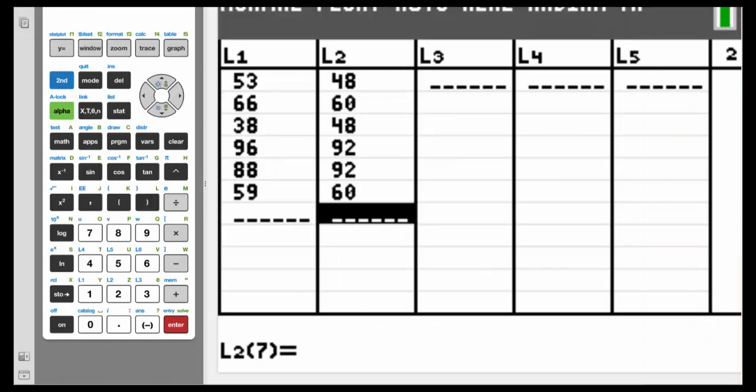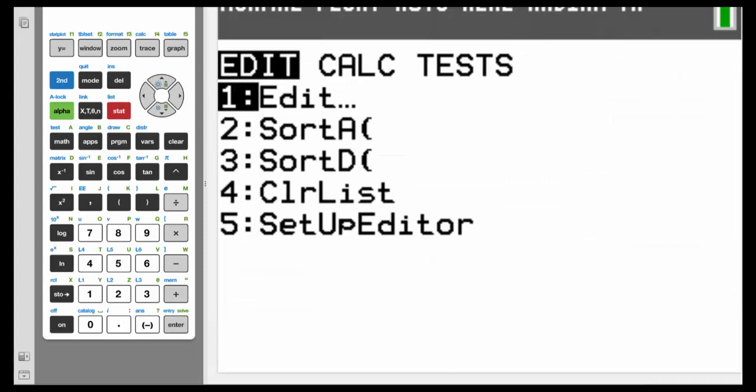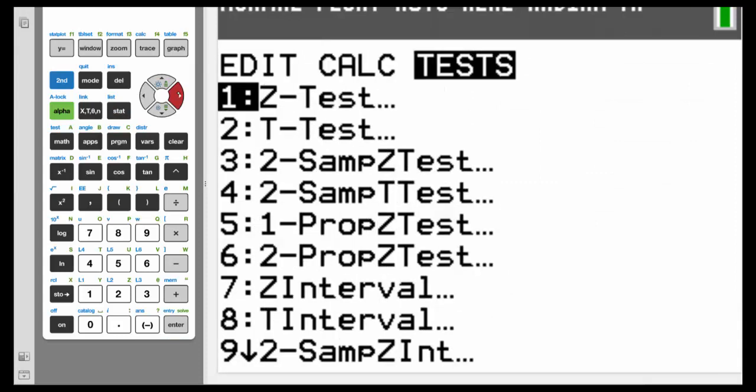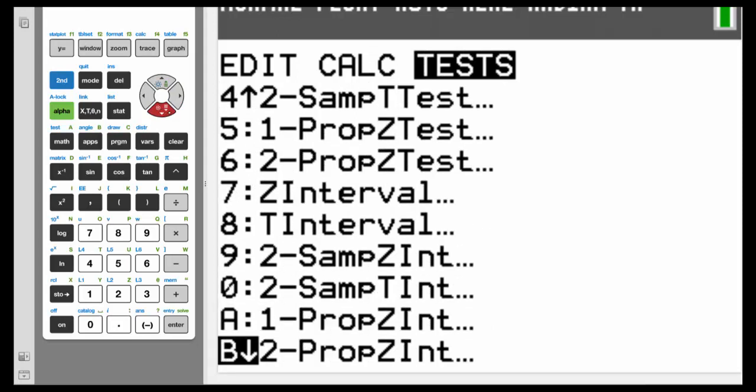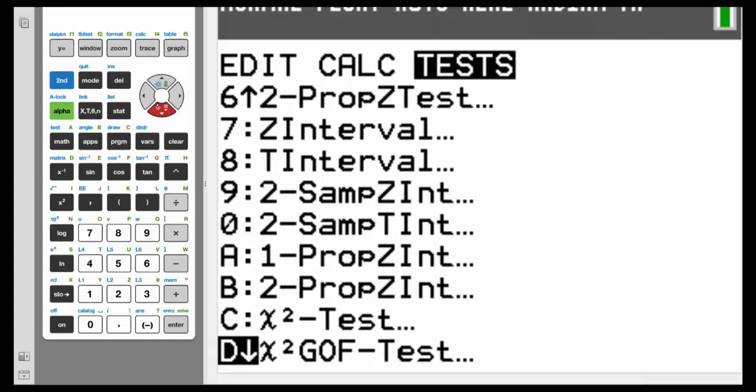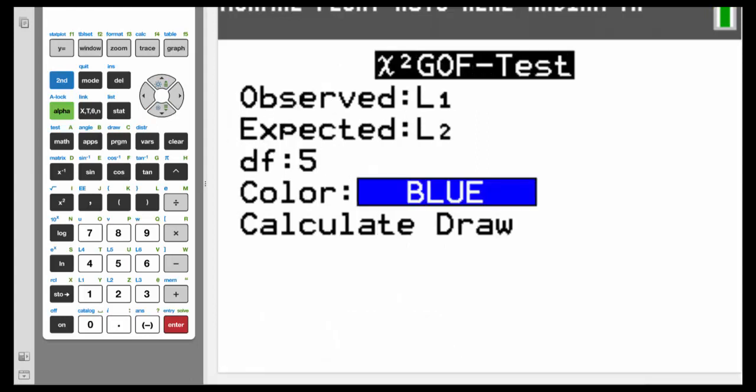Okay, so you can see I put the observed in L1 and the expected counts in column L2. So now, how do I put this into the calculator? Hit Stat, highlight Tests, and we're going to look for chi-squared goodness of fit test, which is going to be letter D. Hit Enter. So the observed is going to be L1.